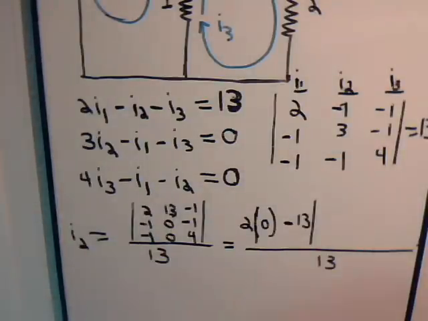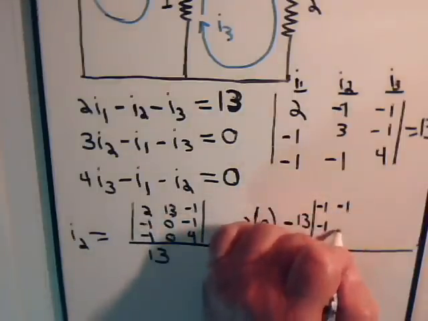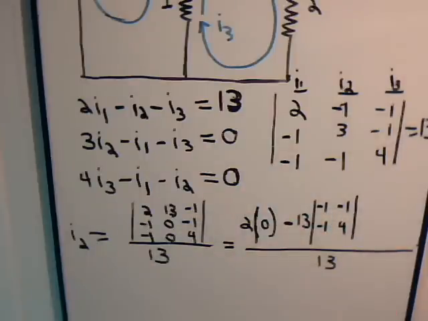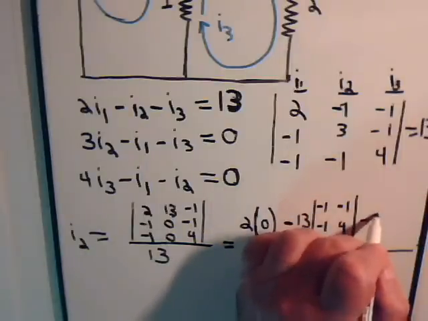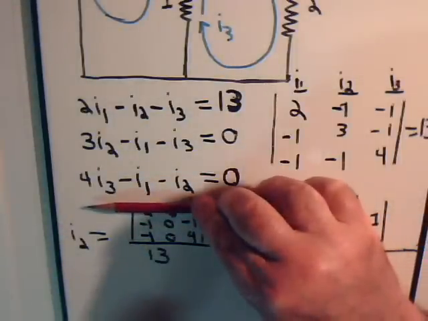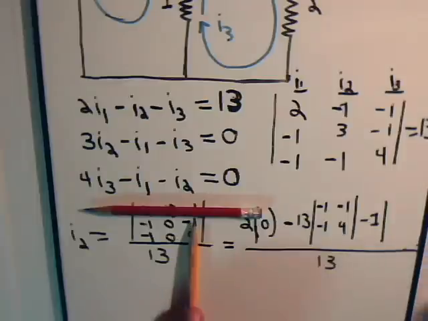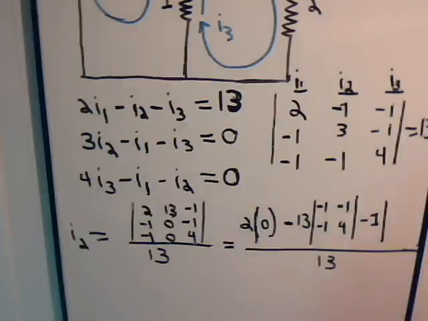So we have negative 1, negative 1, 4, and then we have minus 1 times this submatrix. Clearly this one is going to be 0, because now we have 0 times negative 1 minus negative 1 times 0. So this is just 0.